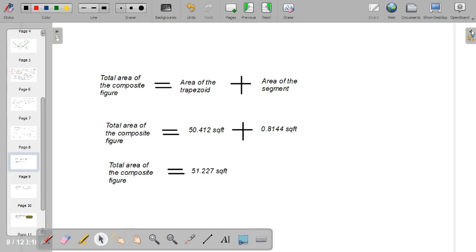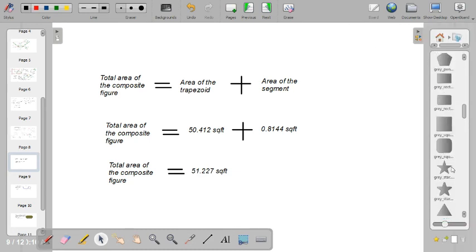Okay, so there you go. This is our final answer for number one for this problem.